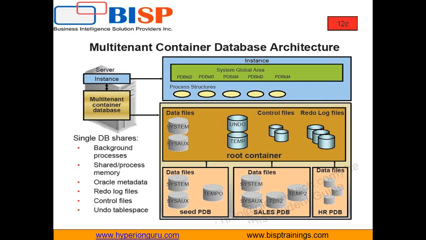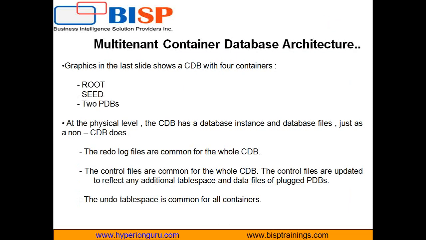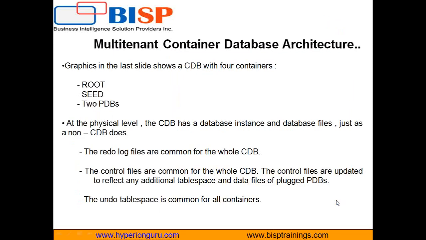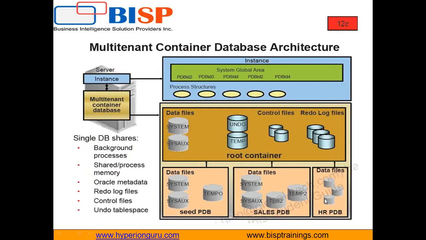And the undo tablespace is also common for all the containers. If you perform a rollback at the PDB level, that information comes from the undo tablespace, which is common.